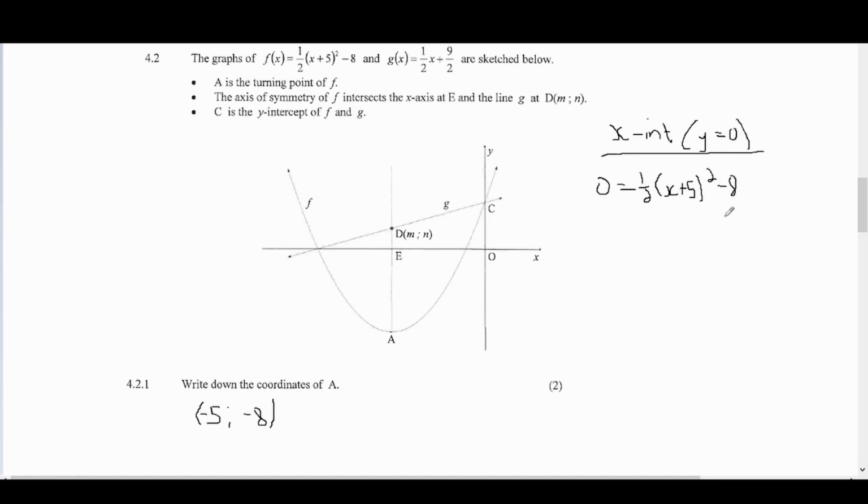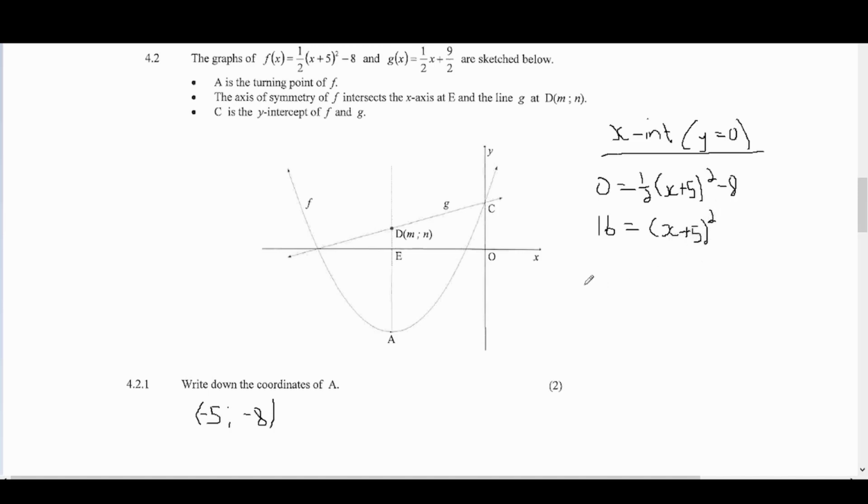We then solve for x, so we take the 8 over, so it becomes 8. We can also multiply by 2 on both sides, just to speed things up. So it becomes 16 equals (x plus 5) power 2.